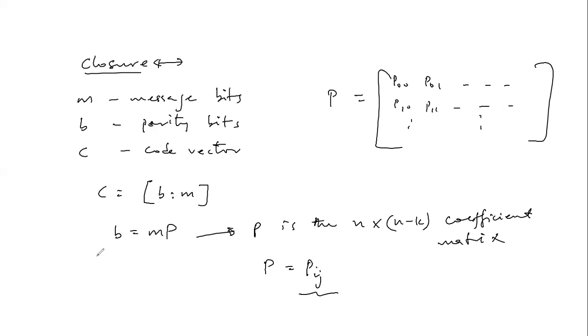And now the code word will be the same as M times the parity matrix with an identity matrix, where I sub k is the identity matrix. So going by this, the generator matrix gives us this expression, which is [P I sub k].